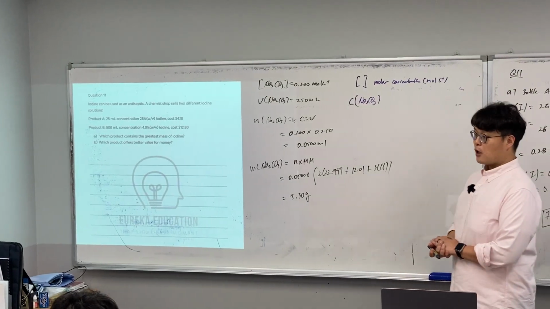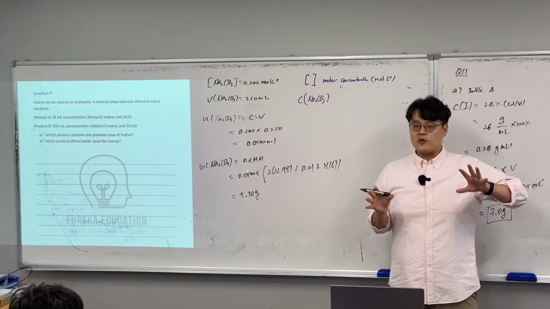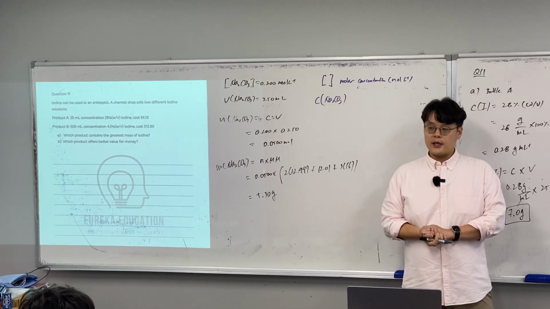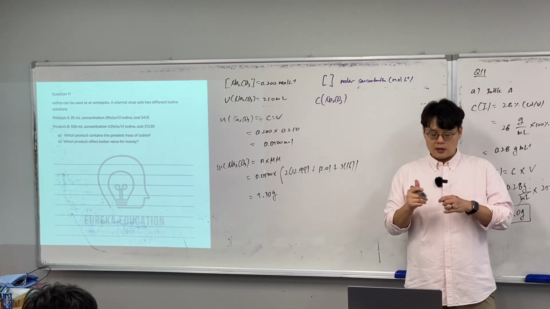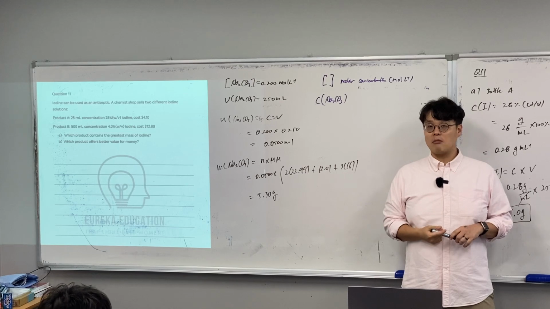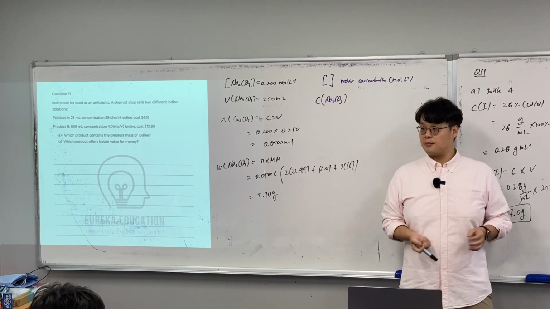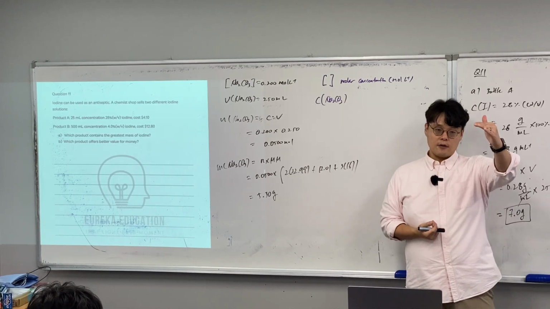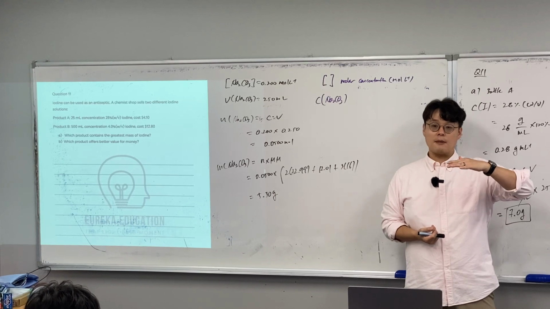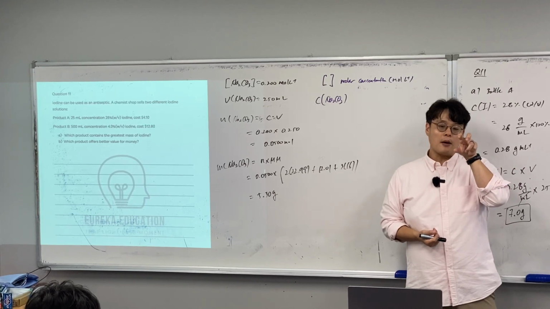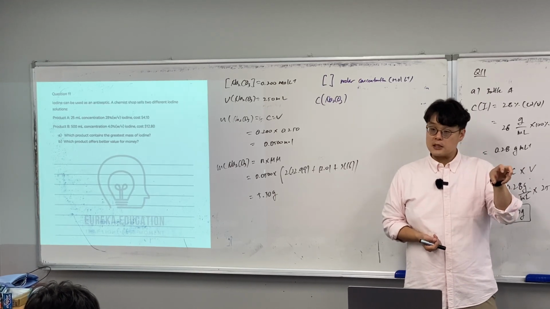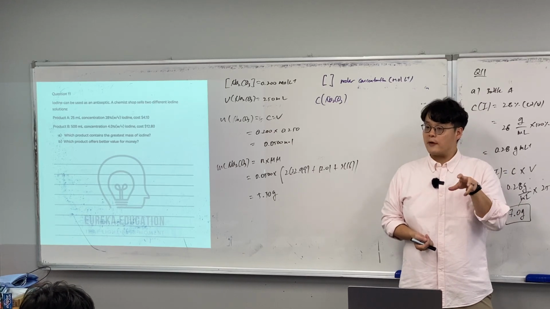This is a kind of food for thought too. If you go to Woolies, if you're buying, let's say, bread or something, you may see that underneath the price tag it is written per 100 gram how much that is. That's how we know whether it's a good value or not.